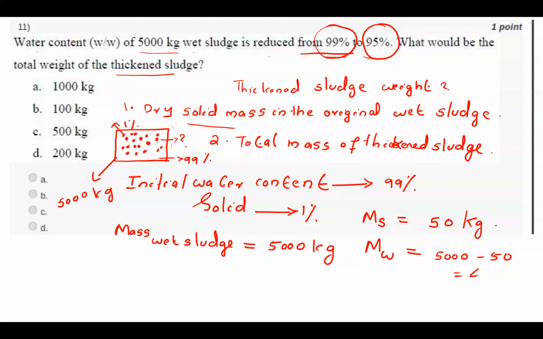Okay, 4950, right? So here you can see that 50. How did you calculate this? 5000 times 0.01, right? Any doubt till here?